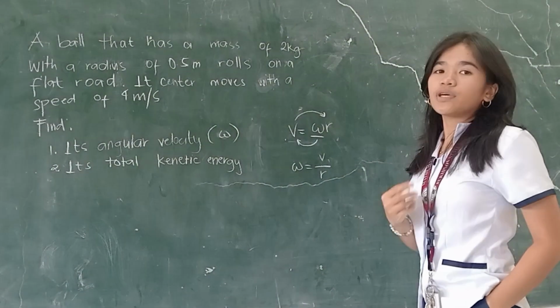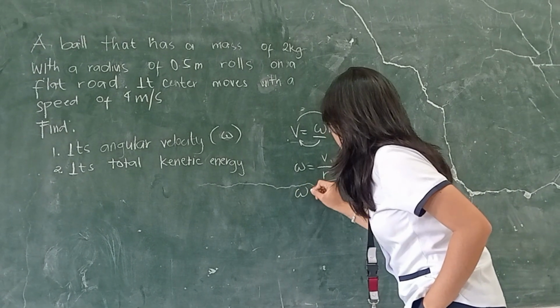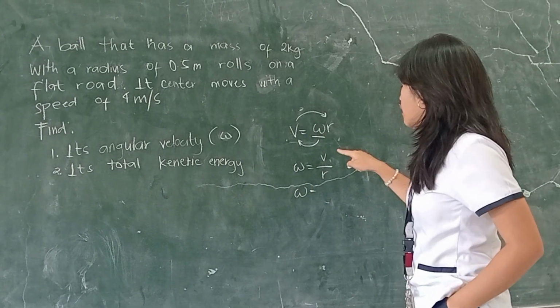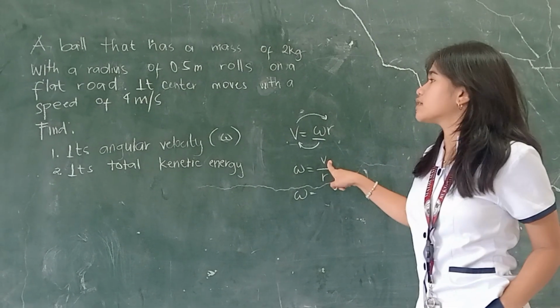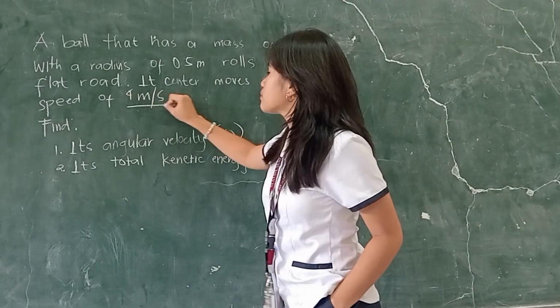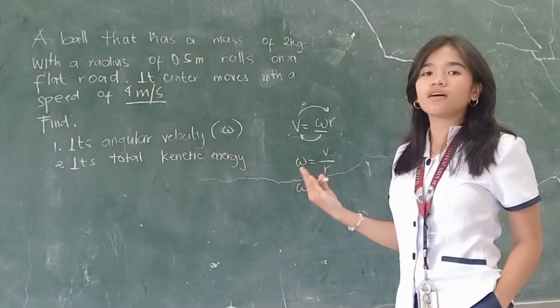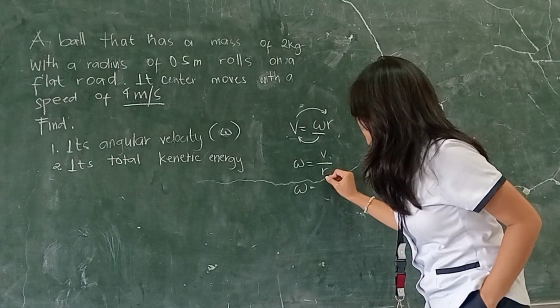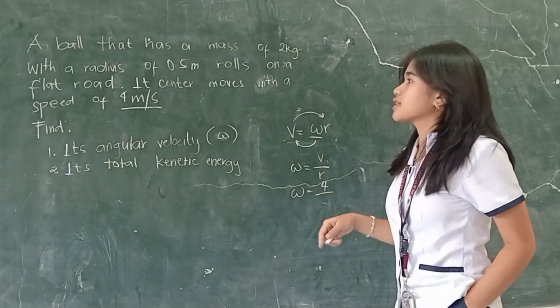So we substitute. Our tangential velocity is given already. This will be our tangential velocity because it is the center of our object. Our radius is already given.